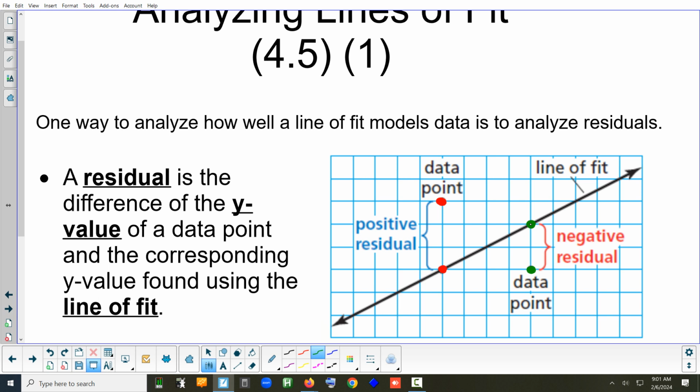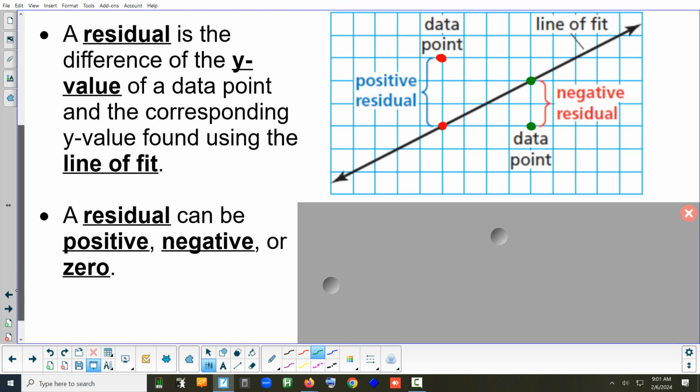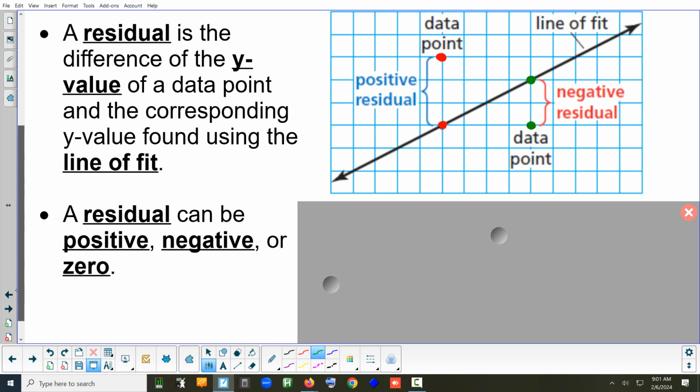Any questions on that idea of what a residual is? It just measures the distance between where your point is and where your line predicts it should be. We try to keep it small. On the next bullet, you have that a residual can be positive, negative, or 0.